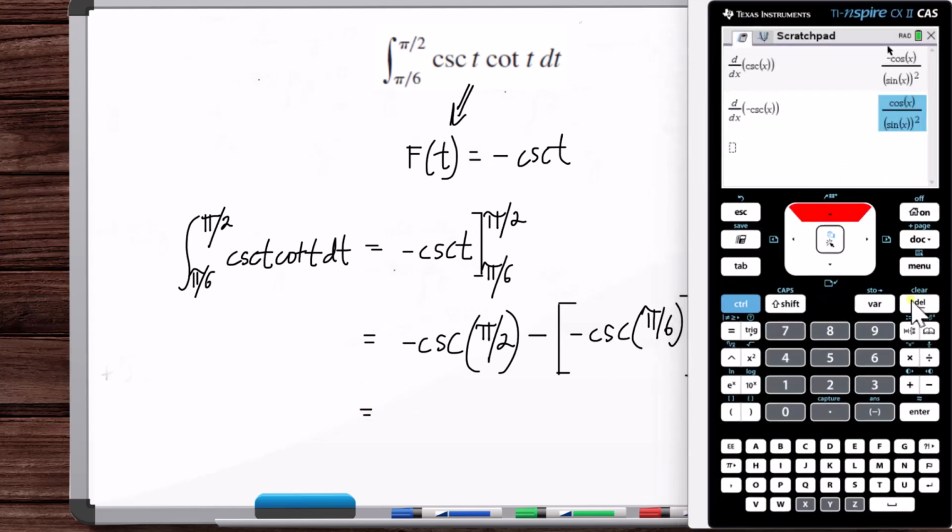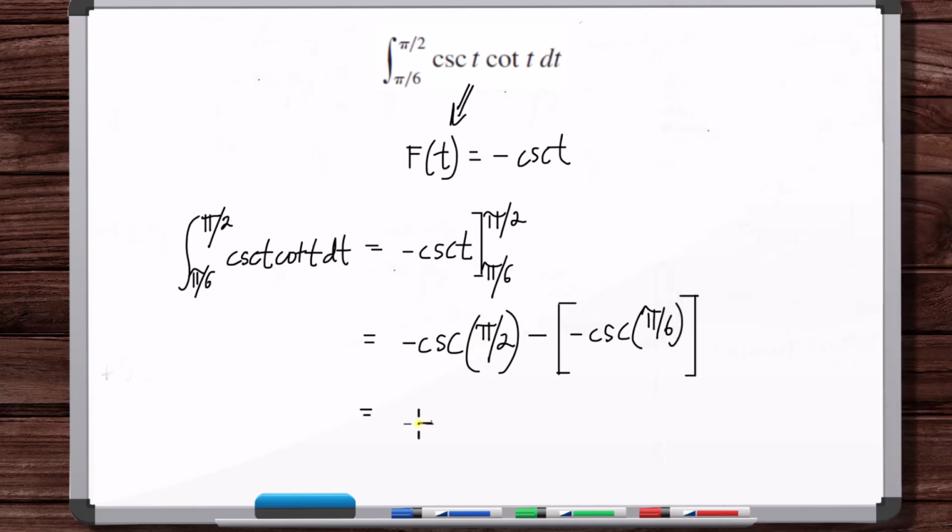So we'll do minus cosecant pi over 2 is minus 1, okay?